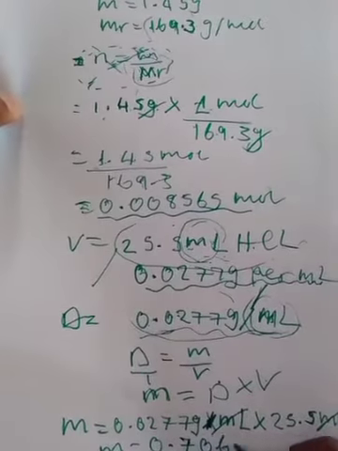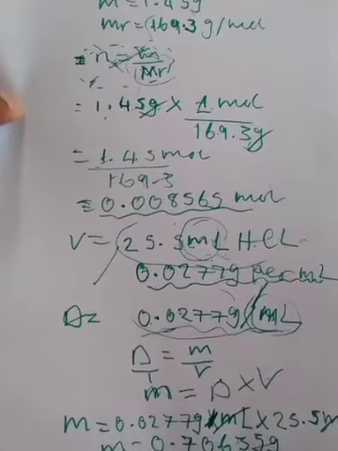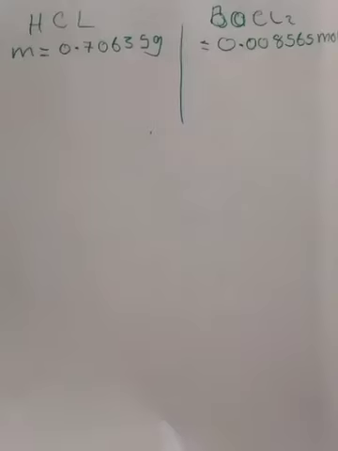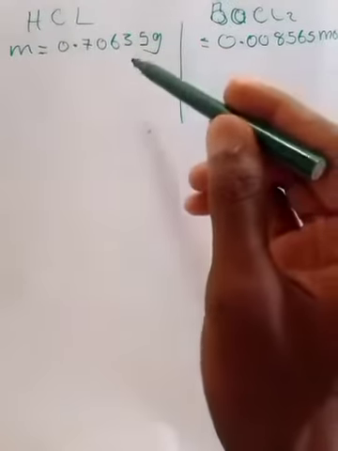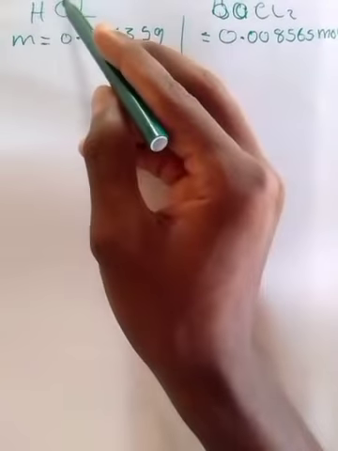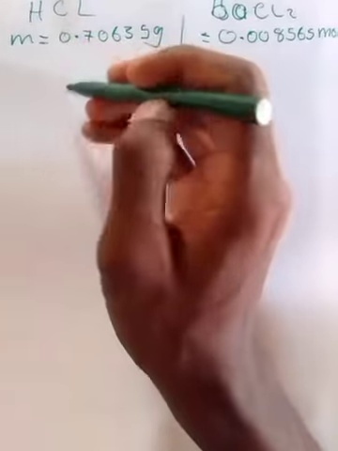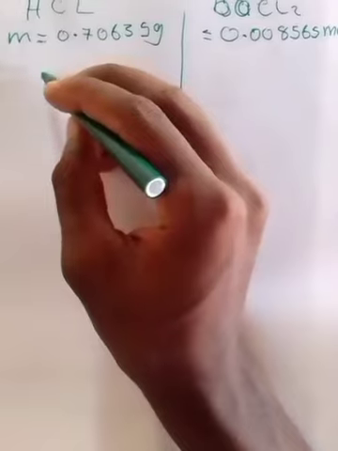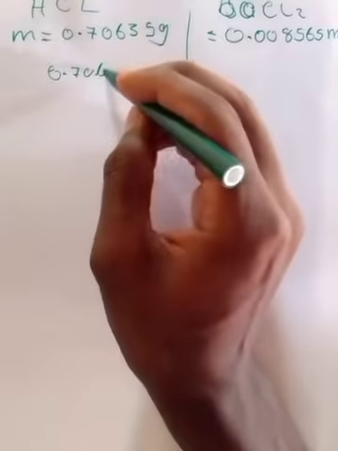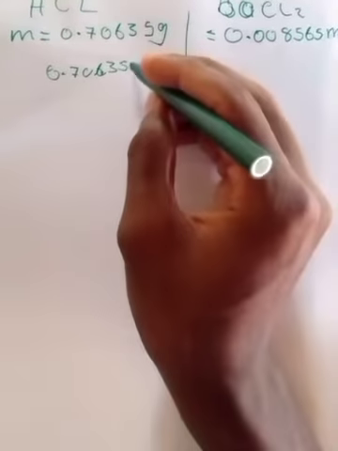Okay, so let me just write this on another page. Now finally we've managed to find its mass. Now we have the information that we can use to find the number of moles for hydrochloric acid, because we can easily find the molar mass of hydrochloric acid. So using dimensional analysis, you're going to say 0.70635 grams times... actually before I even proceed, let me write the molar mass.